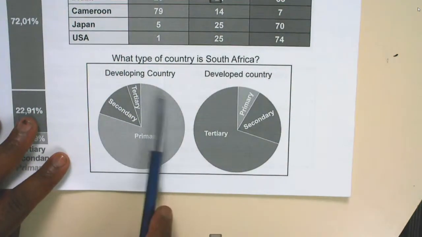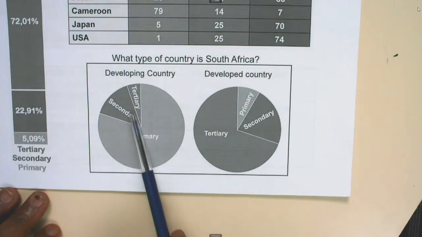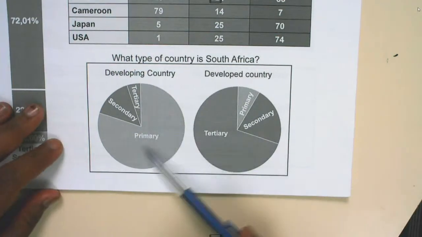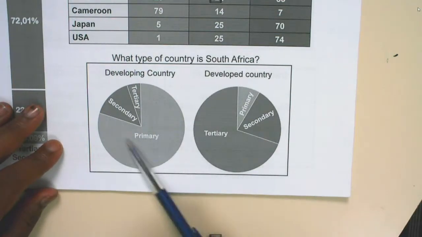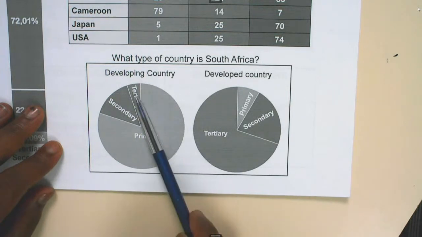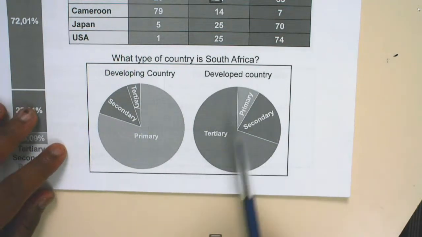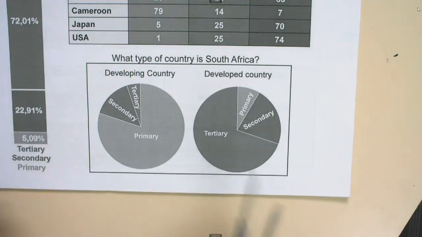Let us look at these diagrams. In developing countries, the one that you did in grade 11, more of the contribution comes from the primary sector, secondary is a fraction, and tertiary is just a little. But in developed countries, tertiary contributes more.